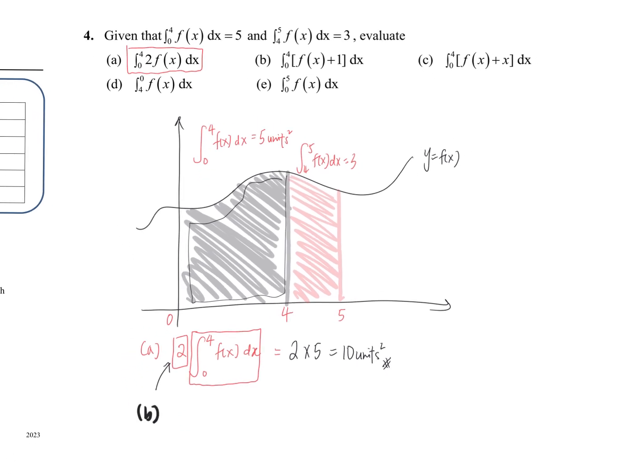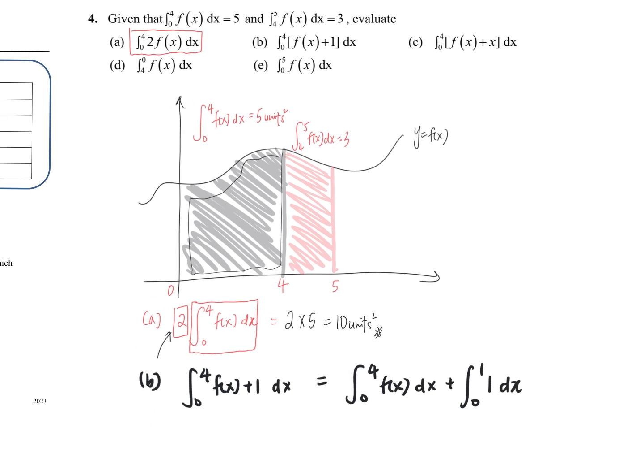Okay, part B, same thing. 0 to 4. But they want you to integrate this whole thing. You can split them into two, in fact. This one, you already know the area is 5. They tell you already.